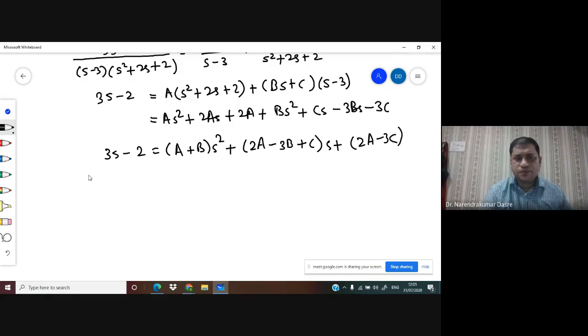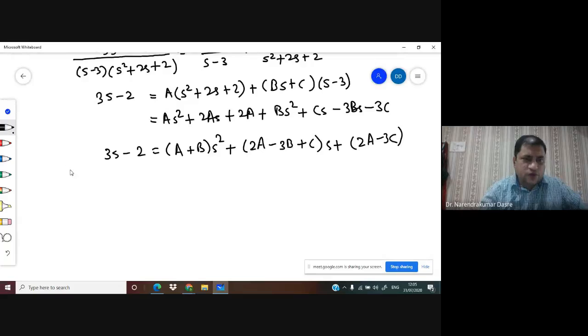Now we'll compare the coefficients. One thing is important: this method of comparing coefficients always gives you the correct answer. So please adapt to this. If you have all linear factors, then you can put in the value of s and get the value of the constant.